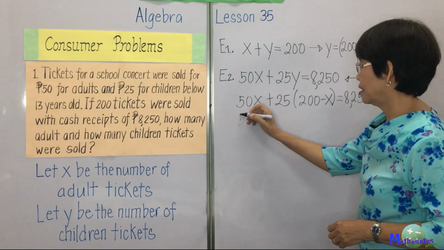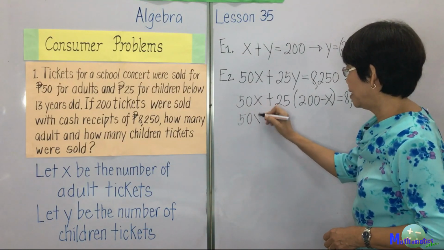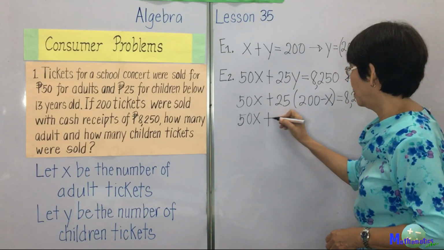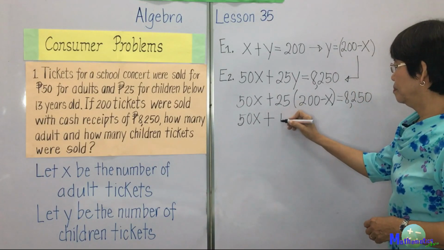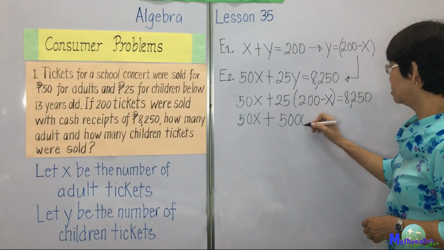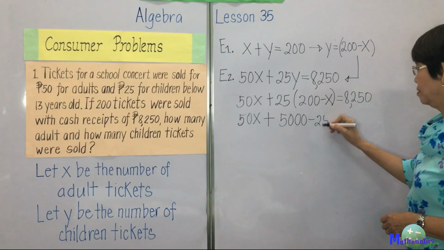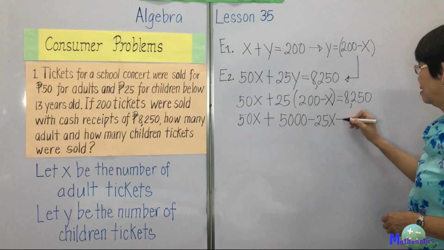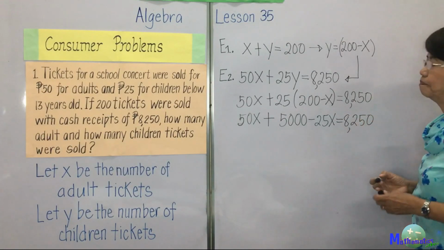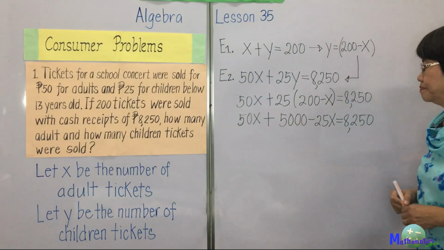So just copy 50x plus 5,000 minus 25x equals 8,250.